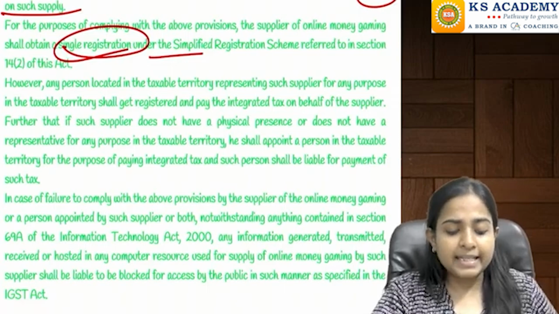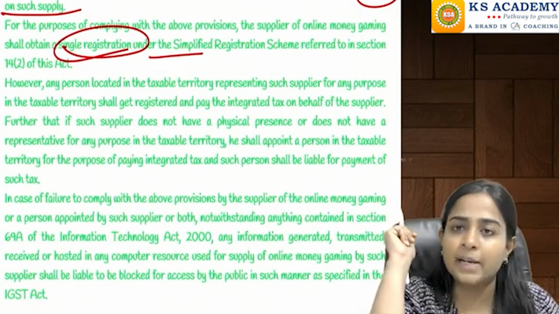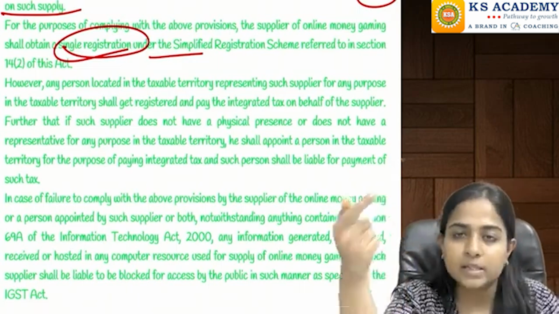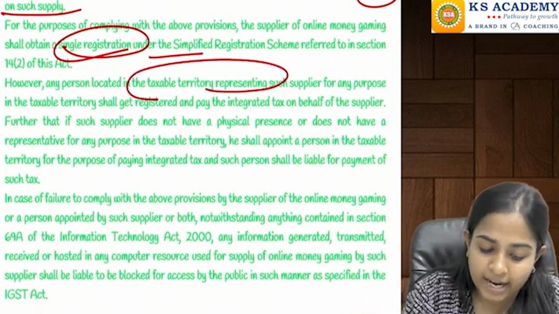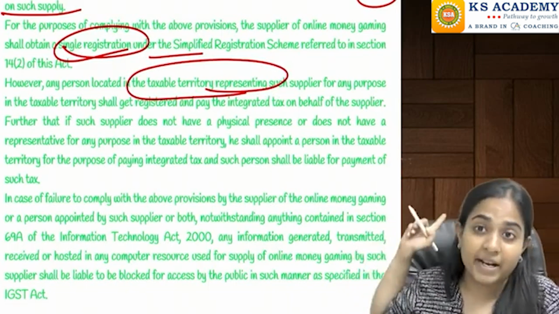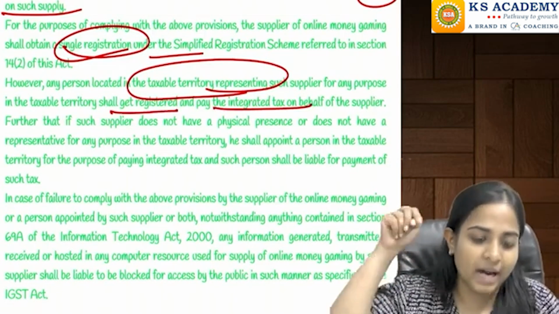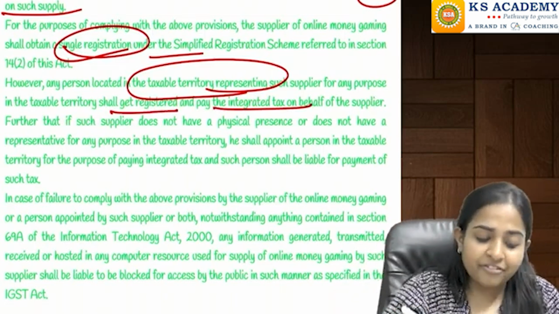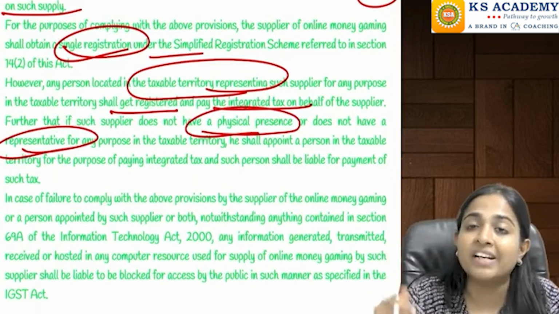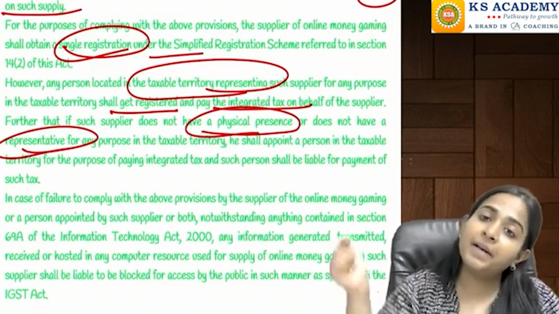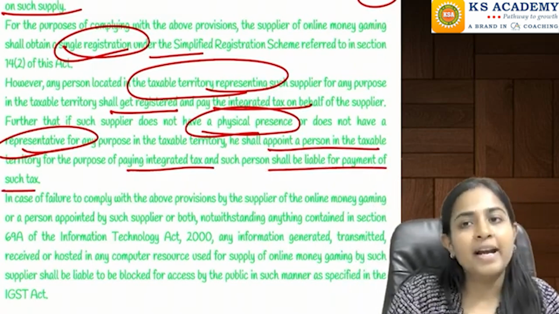Okay. Now, let's say that person who is supplying this online gaming service is not located here in India. There should be some person located in the taxable territory representing him, and then he will get registered and he will pay the IGST on behalf of the supplier. If that supplier does not have a representative here in India, then please appoint a person here in India who will be liable for payment of tax.